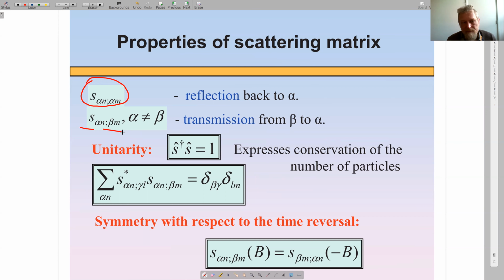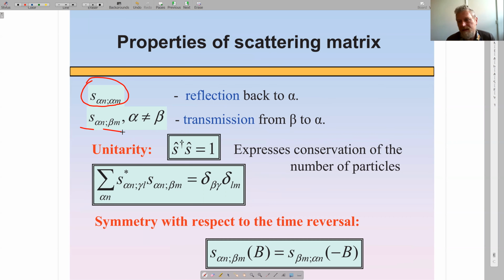By all means, the scattering matrix must be unitary. As we have heard, it just expresses conservation of the number of particles. In the classical world, where only probabilities matter, it would just mean that the probabilities of all reflections plus the probabilities of all transmissions is one.